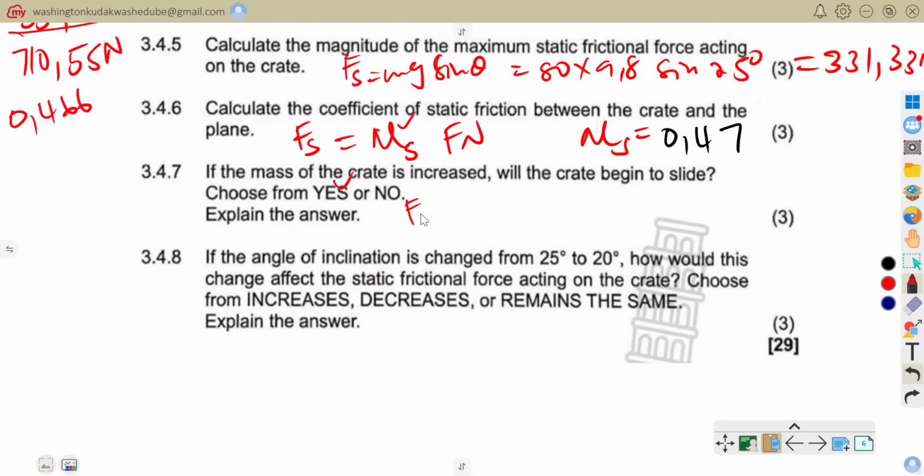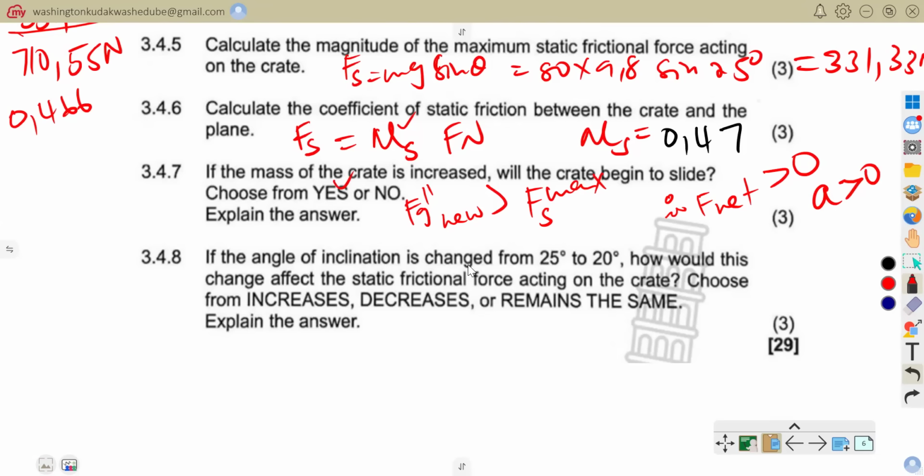Why? Because now Fg parallel new will be greater than the static maximum frictional force. Hence, there will be a net force greater than zero. So acceleration will now be greater than zero. That's the reason why there is movement.